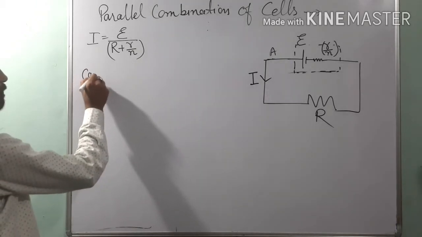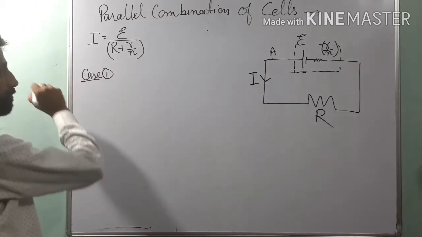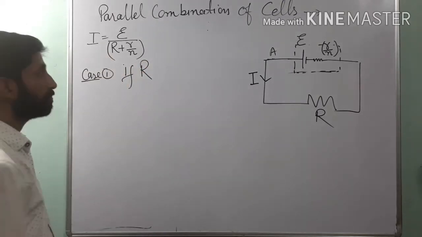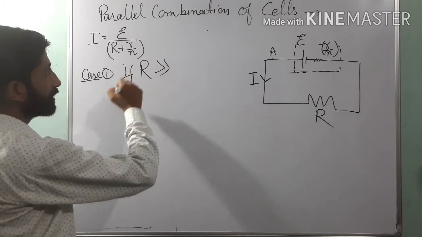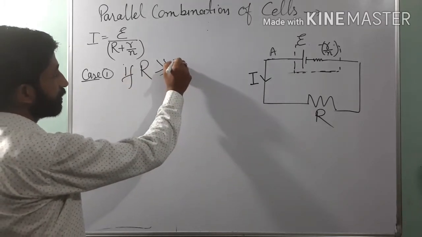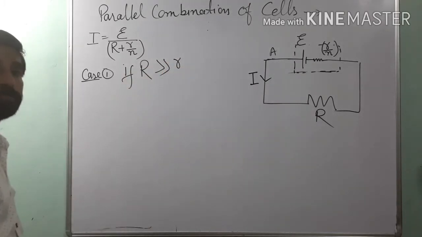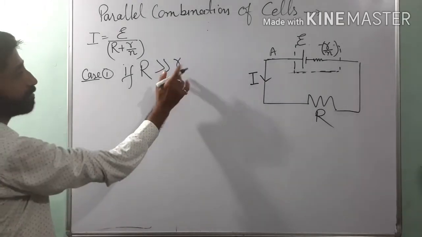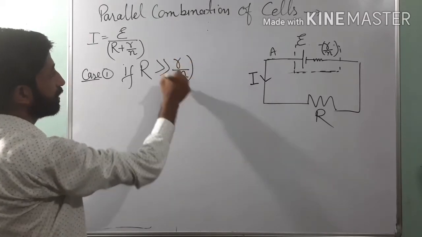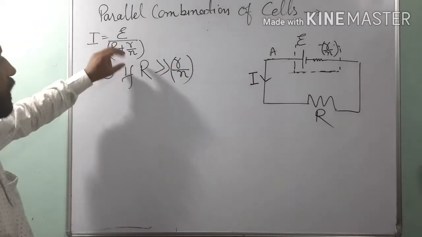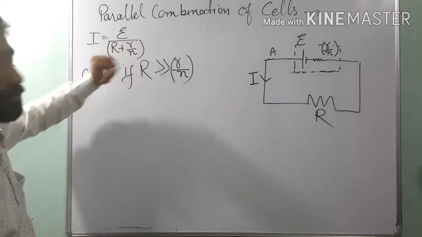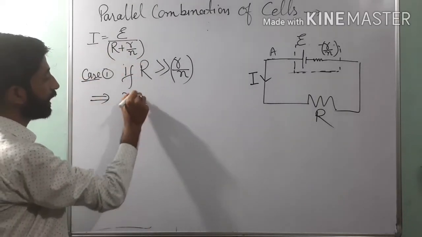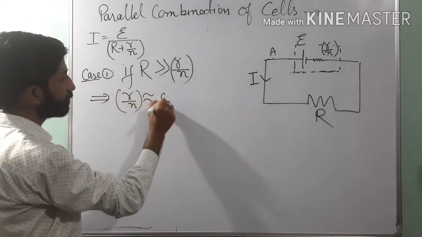Case number 1, that is if the external resistance is much larger than the internal resistance of the cell combination, then we shall ignore this term. It simply implies that R over N is nearly equal to 0.